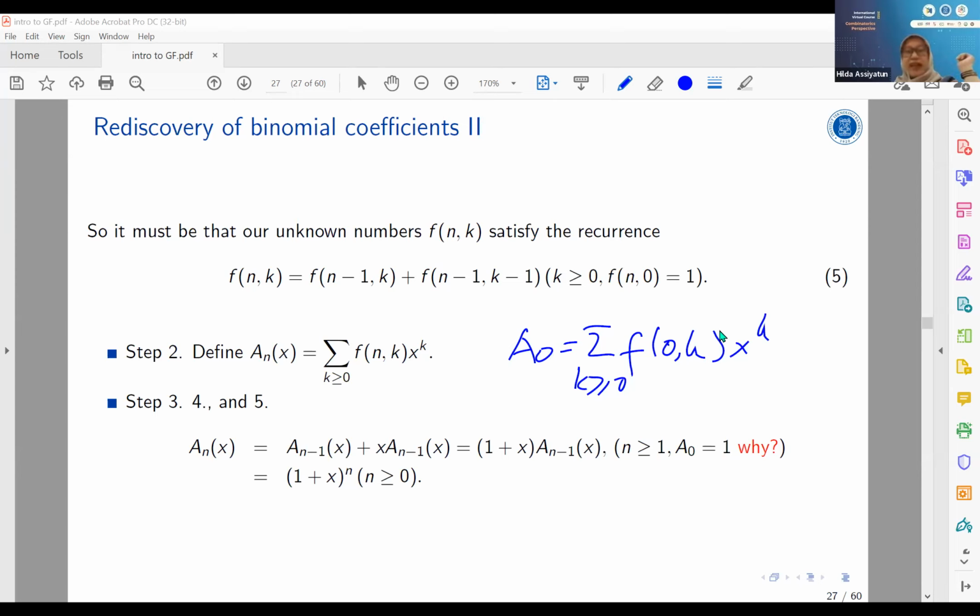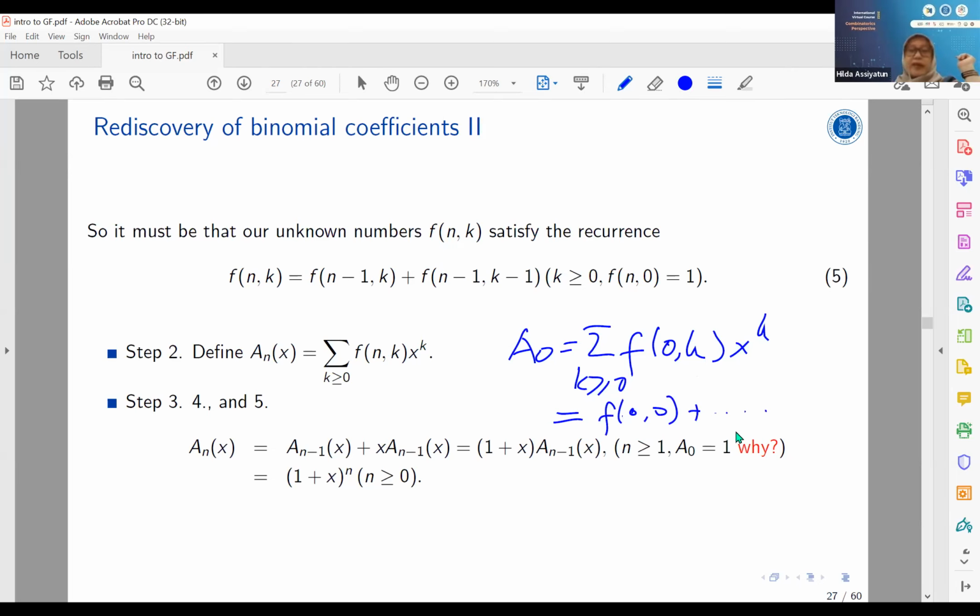If you look at these coefficients, most of them are 0, except f 0 0, which is 1. Correct? All other terms would be 0.